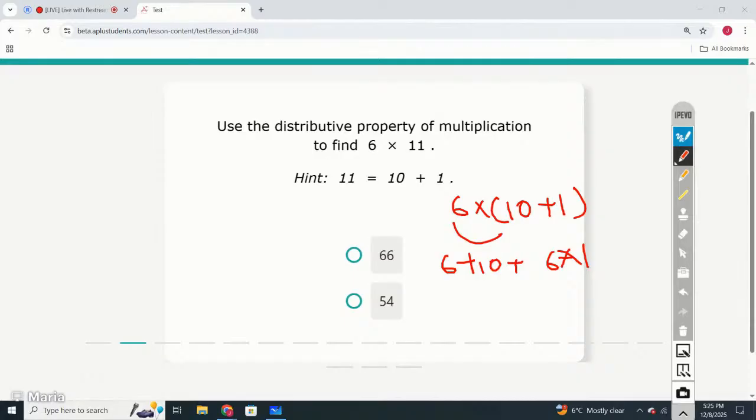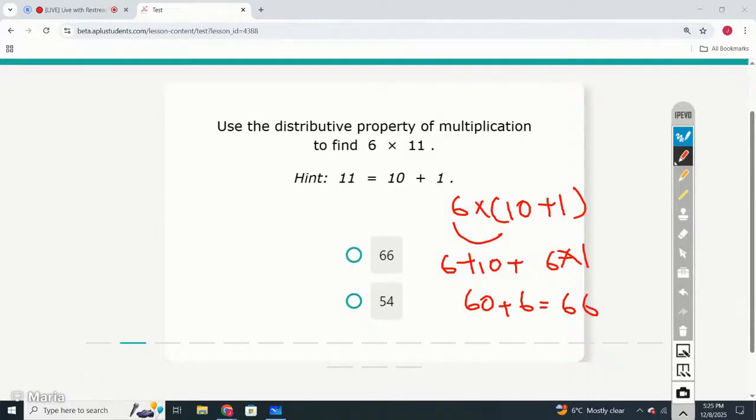So which is the correct option? So 6 times 10 is 60, and 6 times 1 is 6. So 60 plus 6 is equal to 66.